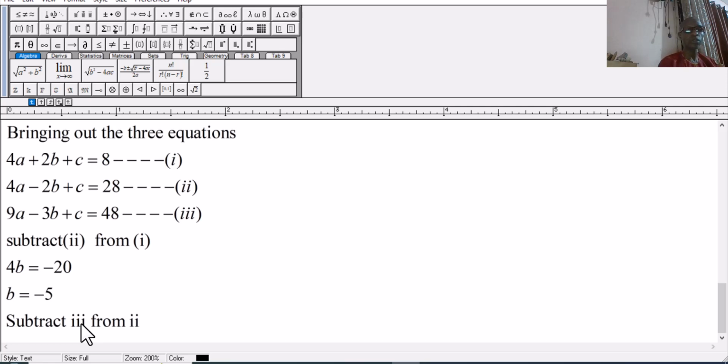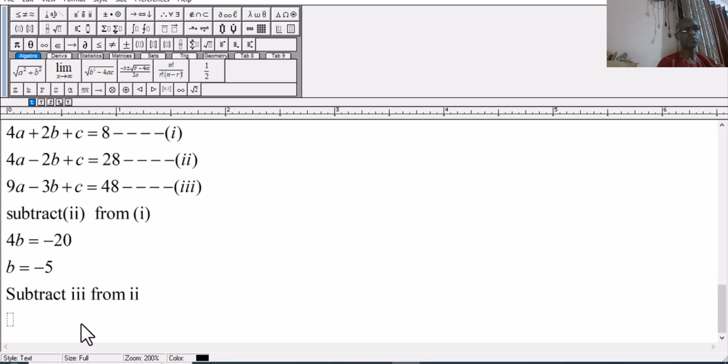So this is what we have now. So we have minus 5a plus b is equal to, that will give you minus 20 also.